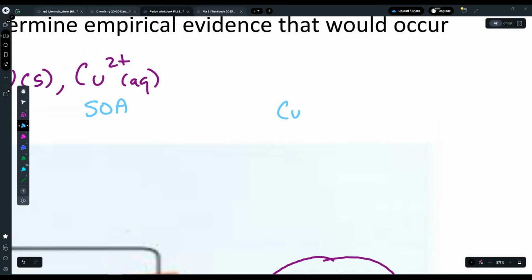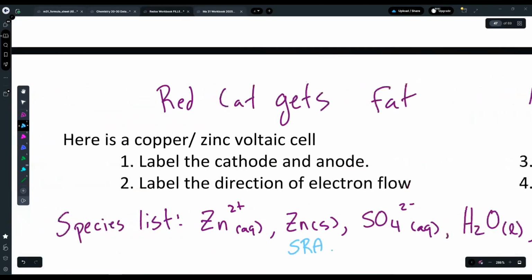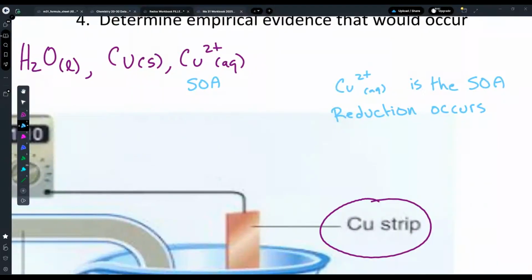Copper 2+ is the SOA, and reduction occurs. If we're talking about reduction, red cat gets fat. Reduction happens at the cathode, so the cathode is copper solid.